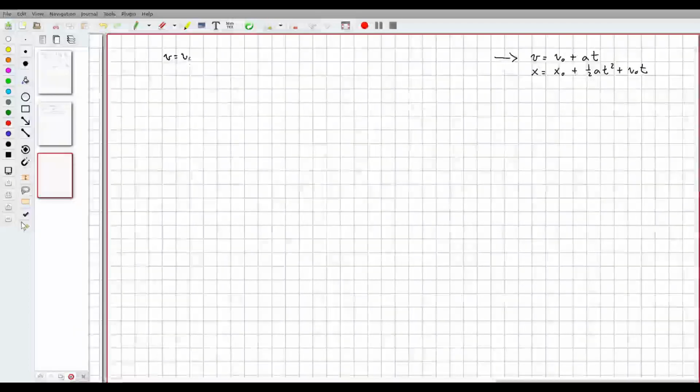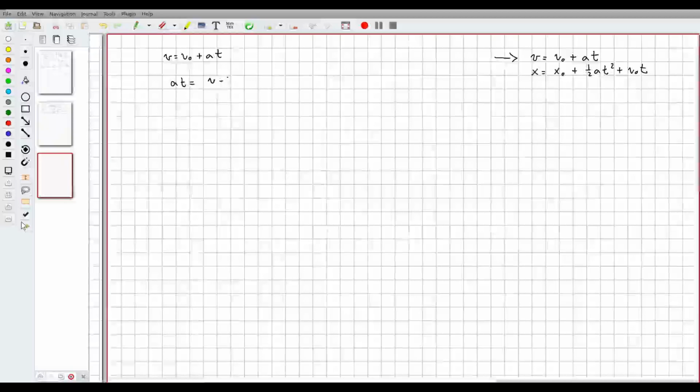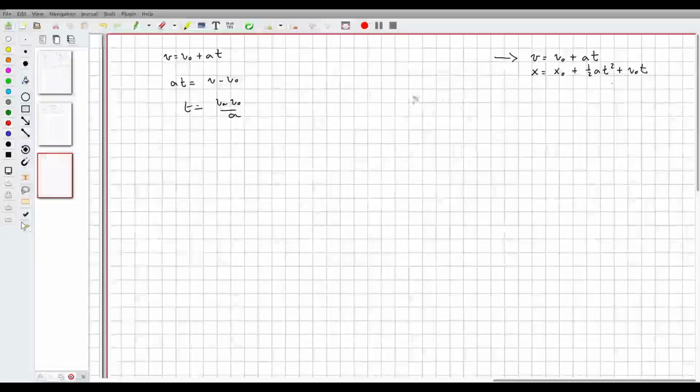V is equal to V naught plus AT. AT is equal to V minus V naught. T is equal to V minus V naught over A. Now, every place I see a T in this equation, I'd like to plug this in.